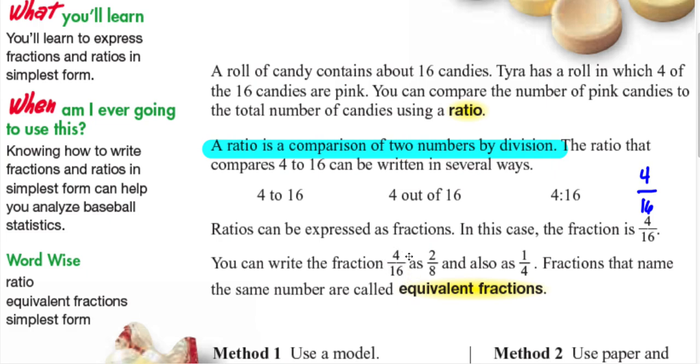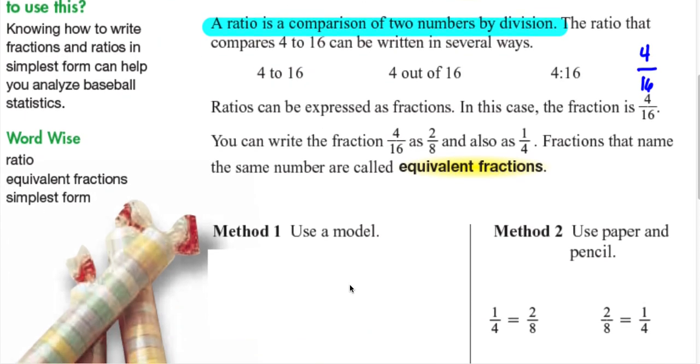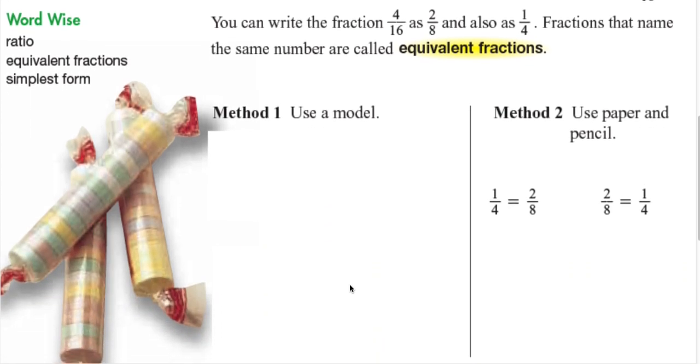You have 4 over 16, 2 over 8, and 1/4. They are all the same fractions, so they are considered to be equivalent fractions.